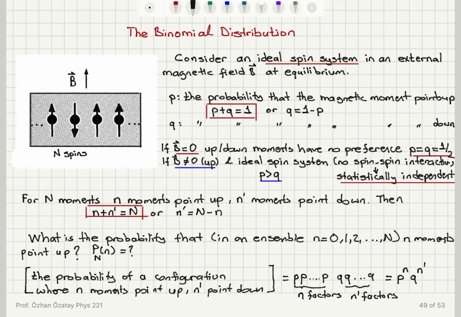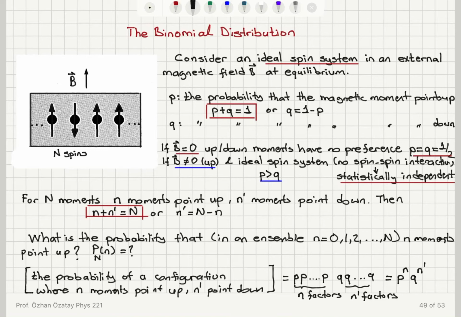Then I ask myself, what is the probability that in an ensemble n equals 0, 1, 2 to capital N, so I can have no moments pointing up, capital N moments pointing up, etc. So I call this probability P subscript capital N as a function of n.